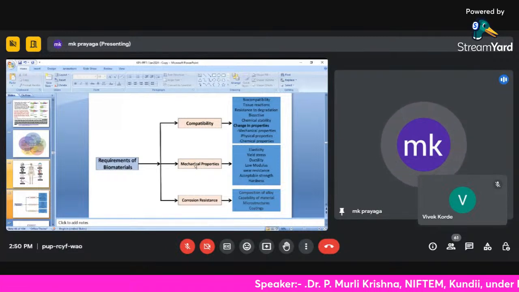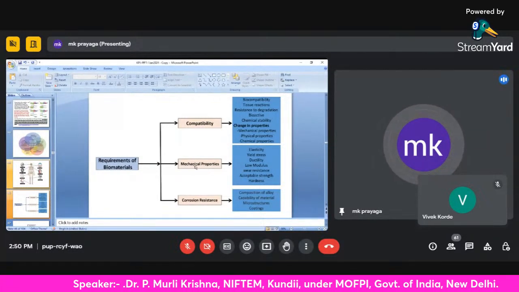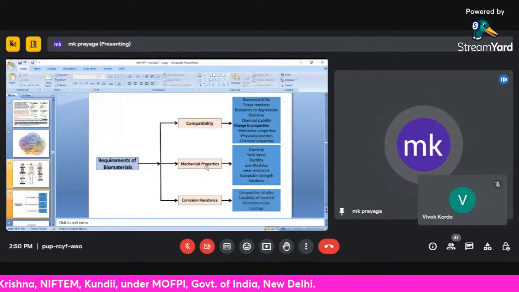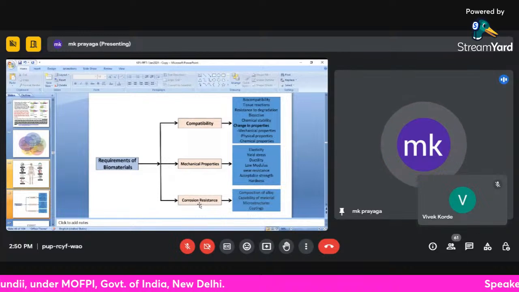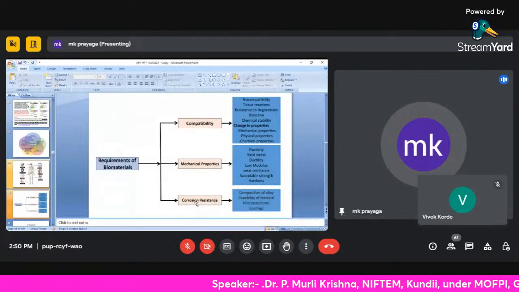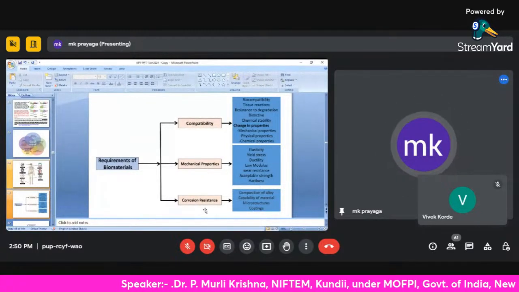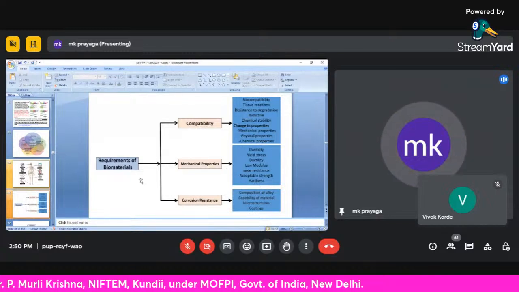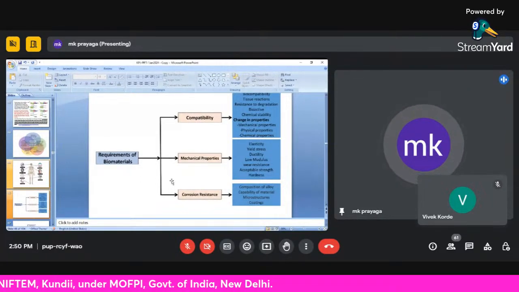Like if it is a bone or hip type material, or a stent material, heart stent material, based on that location, you have to tune the mechanical properties, then corrosion properties. Because it is within the body, your blood, bones, flesh, everything will have their own effect on the material. So that's why the corrosion properties have to be confirmed. So these are the different requirements for biomaterials development.